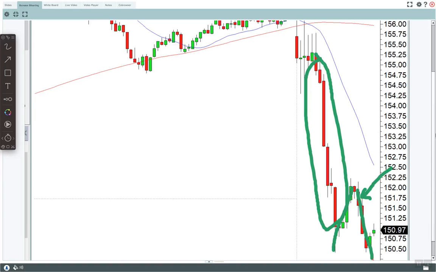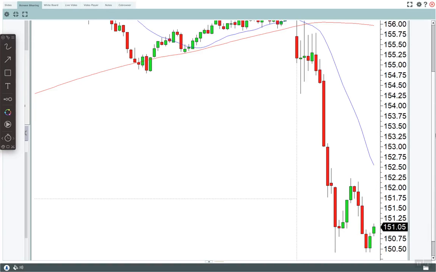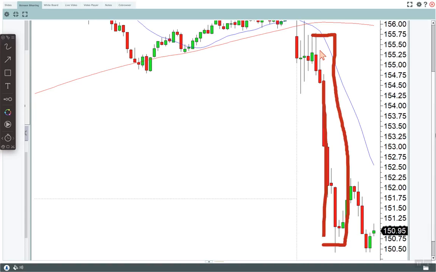But look at the difference: when you combine the red together in one move and then you do the green, it didn't bounce anywhere near enough to eliminate this.